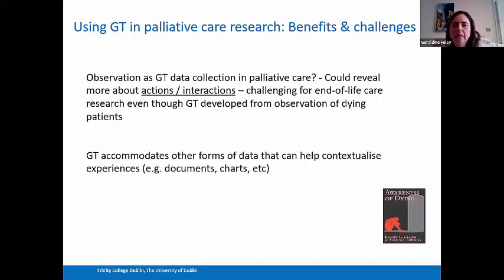Not impossible by any means, but it is more challenging to get that through ethics committees for sure, from my experience. But one of the advantages again of GT is that it accommodates other forms of data, not just interviews and focus groups. So all is data in GT research.